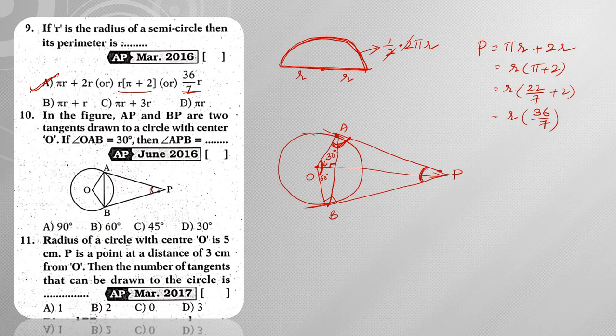So what is this angle AOB? Angle AOB is equal to 120 degrees. So if angle AOB is equal to 120 degrees, then angle APB is equal to 180 minus 120 degrees, which is nothing but 60 degrees. Hence angle APB is 60 degrees, right?